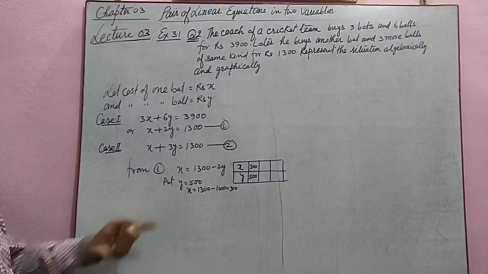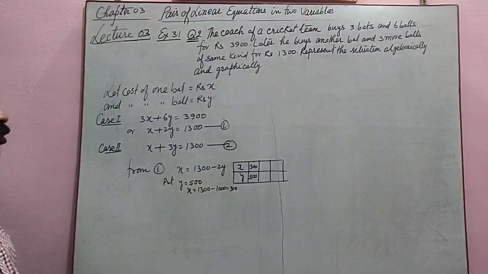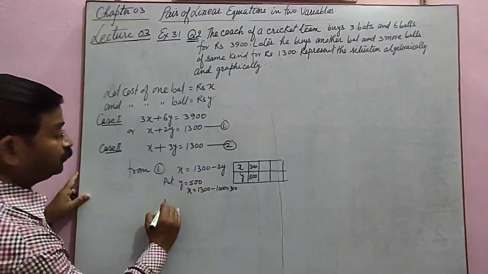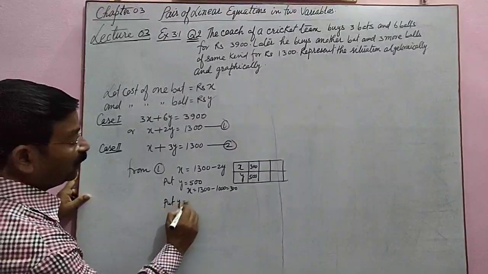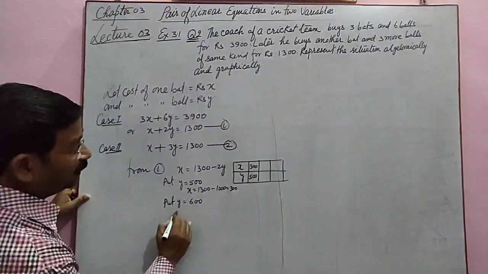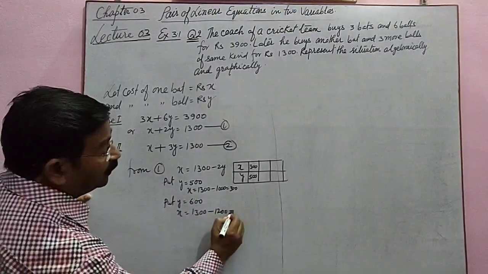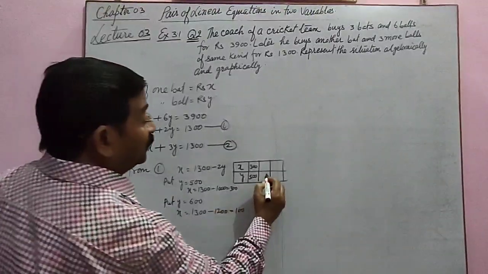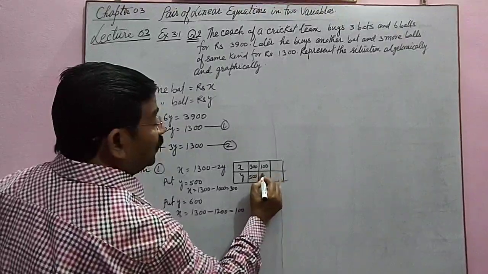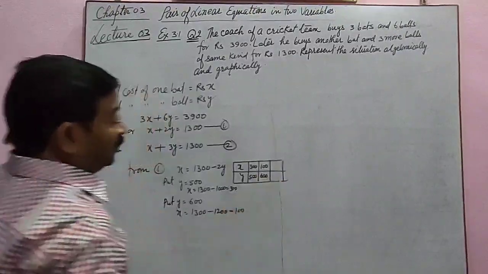Now put y is equal to 600. Then x is equal to 1300 minus 1200, which is 100. So x is 100 and y is 600.